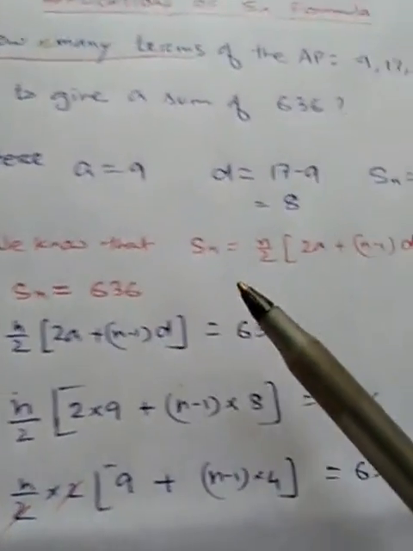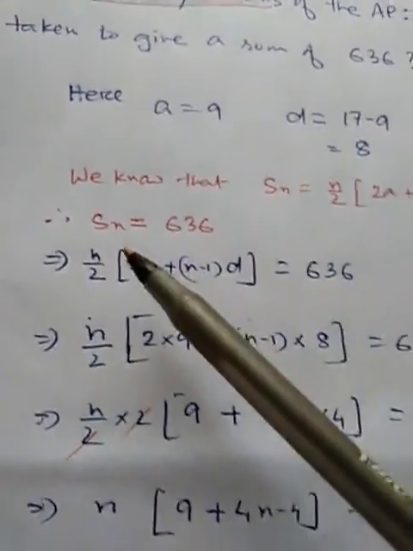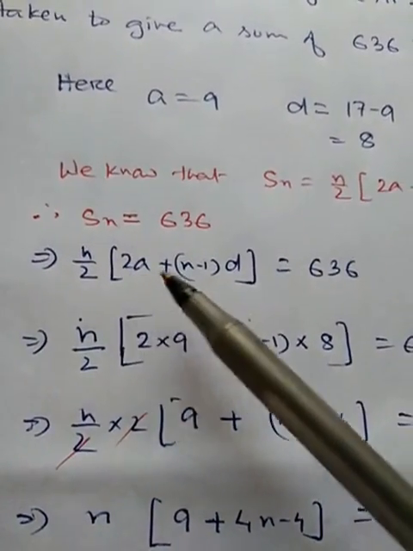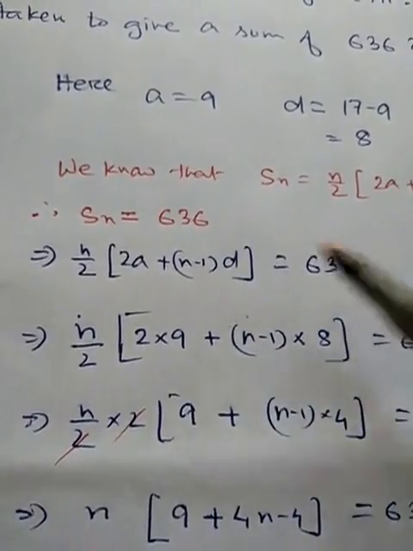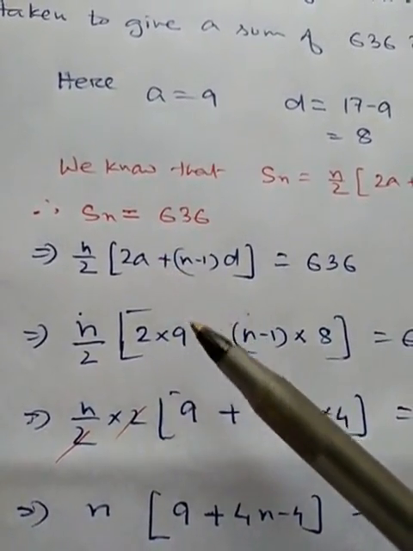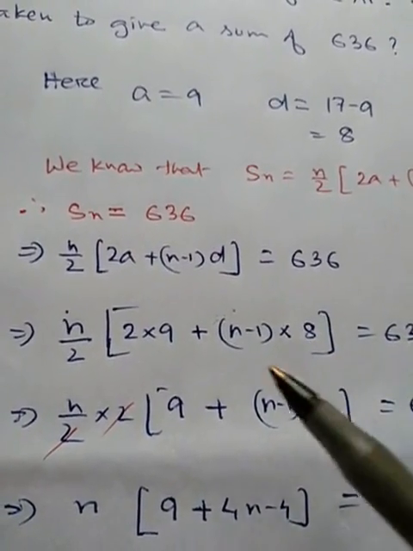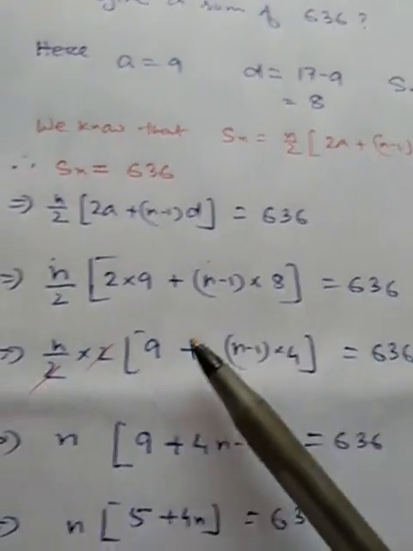So here we use the Sn formula. Sn is given, so we start with this. Sn equal to 636, which is n by 2 into 2a plus n minus 1 into d equals 636. We put the value of a, which is 9, and the value of d, which is 8, and simplify.